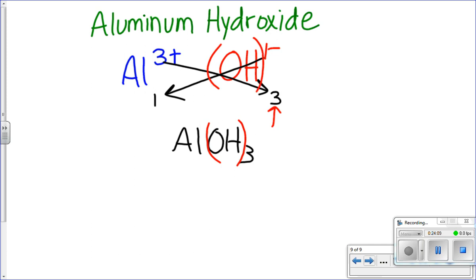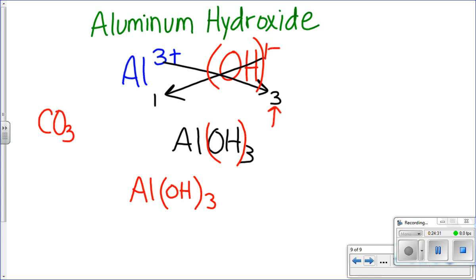So this looks like this: Al, parentheses, OH, and parentheses. The subscript goes on the outside. Some of your polyatomic ions have subscripts with them. For example, carbonate is CO3.